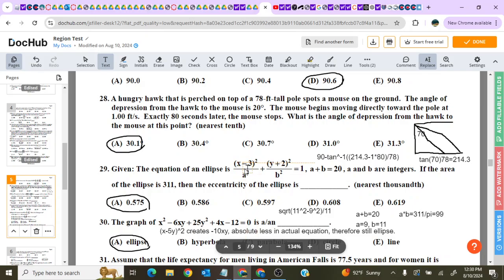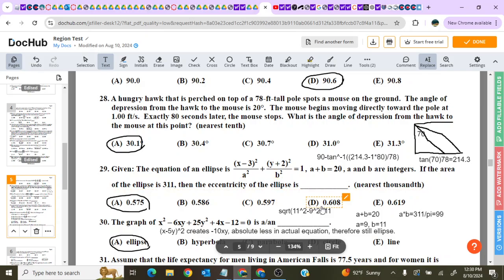So this a needs to be 6 to counteract that, to make this still equal to 1. So as a result, the radius of your ellipse would be 6 in terms of x. So this a and b value represents the radius on each dimension.